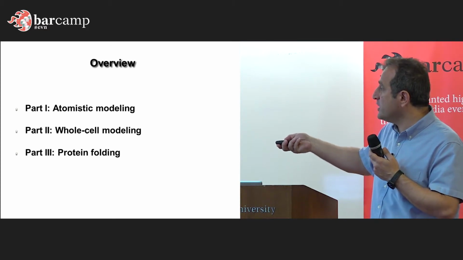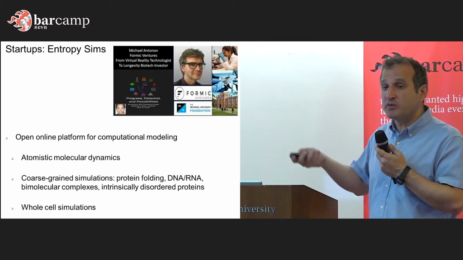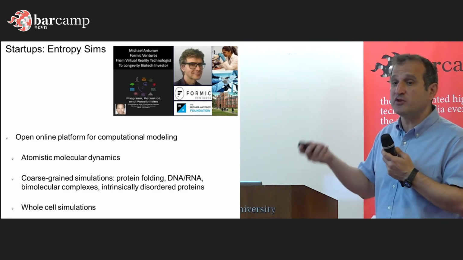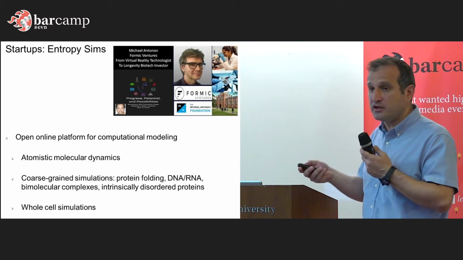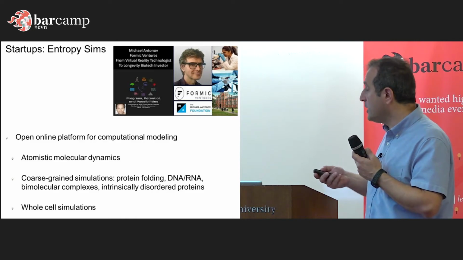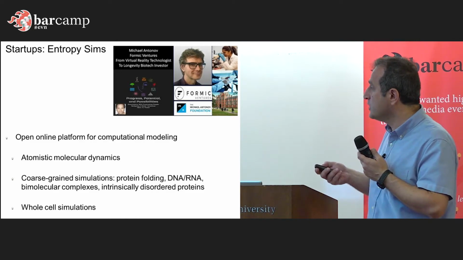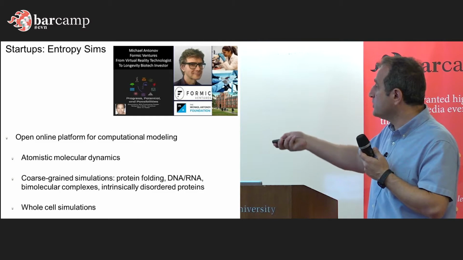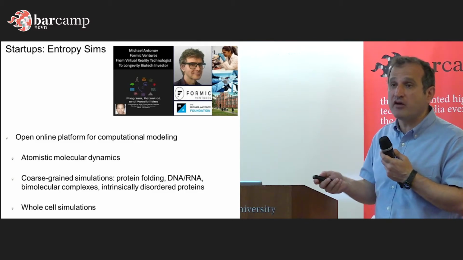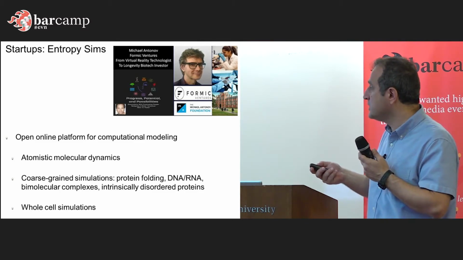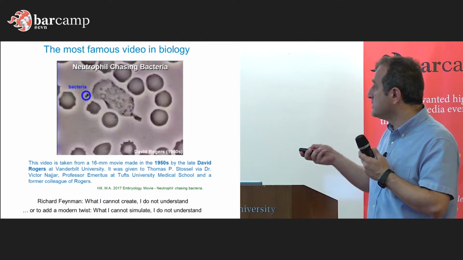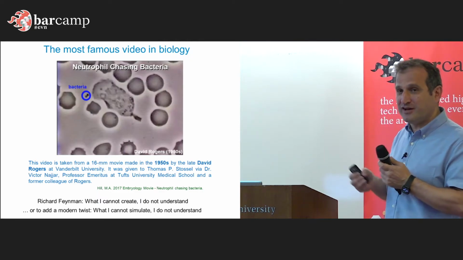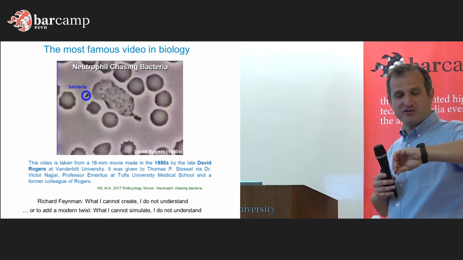And then instead of 200, maybe we only need to experimentally synthesize 25. That will cut both time and resources, and it will accelerate preclinical drug discovery multiple folds.